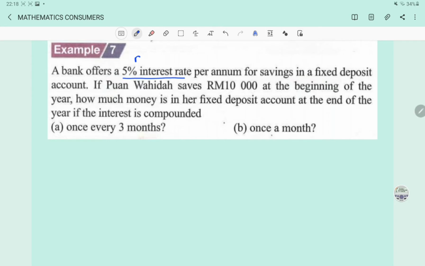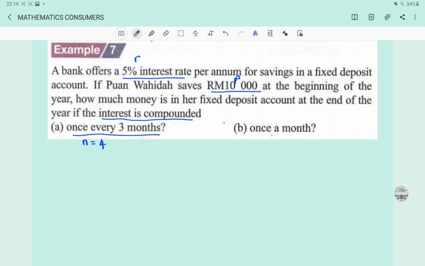If Puan Wahida saves 10,000 at the beginning, this is P, how much money is in her fixed deposit account at the end of the year if the interest is compounded once every 3 months? Once every 3 months means N equals 4 times, because every 3 months it will be compounded. 3 times 4 is 12, a total of 12 months in a year.